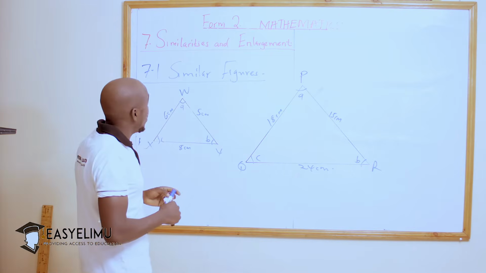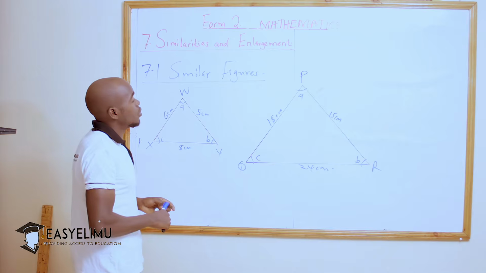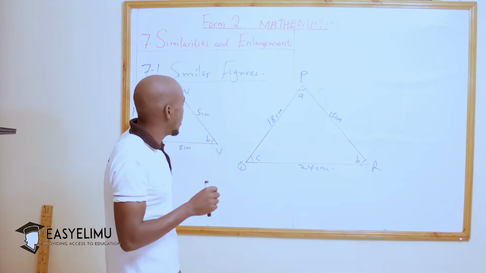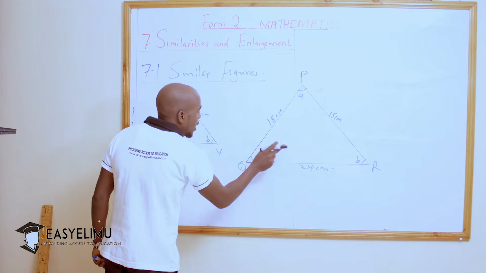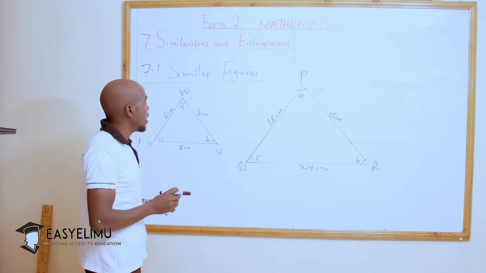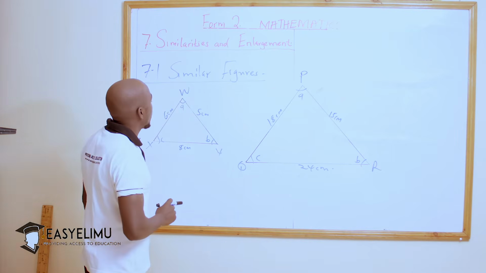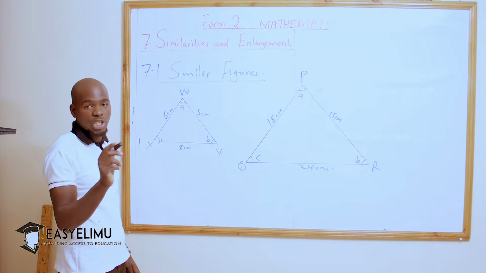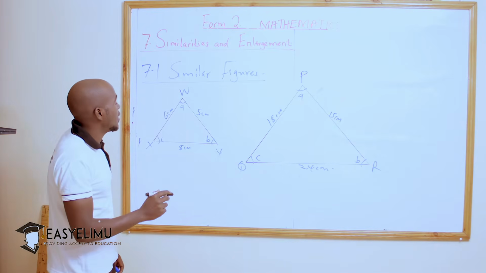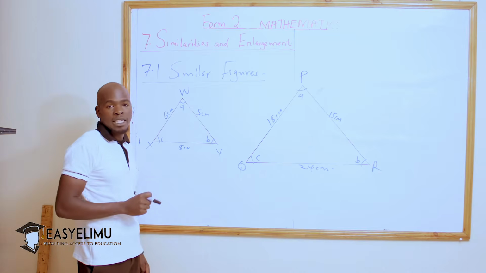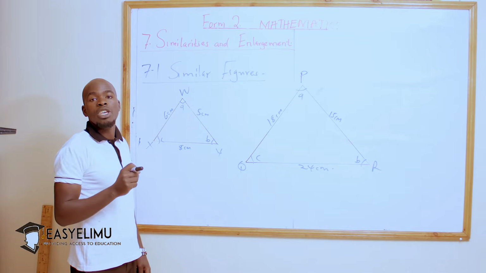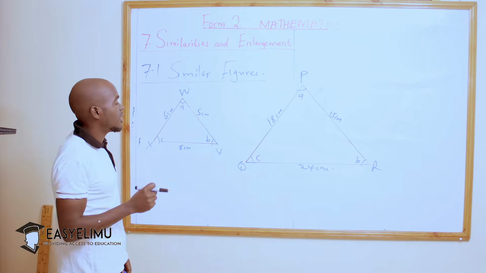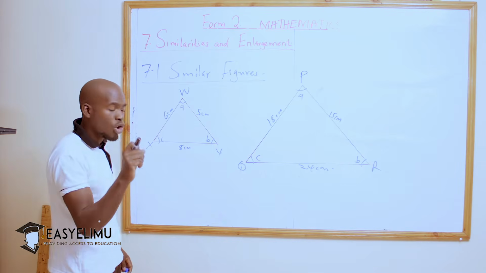In similarity and enlargement, so as to say that a figure is similar to another, the corresponding angles must be equal, and they must be of the same shape. Another condition is that the scale factor must be equal, meaning the relationship should be constant.